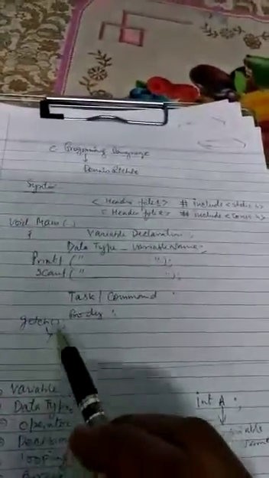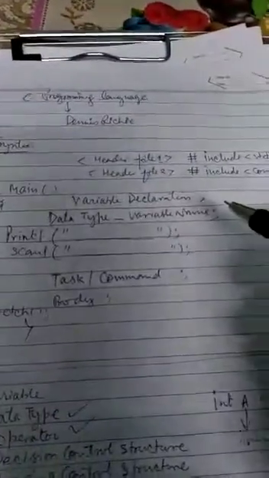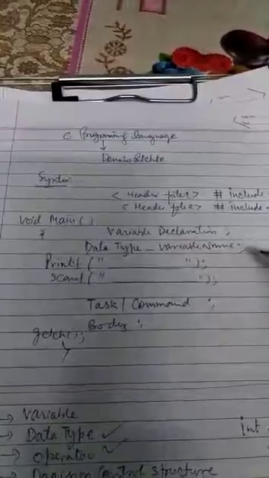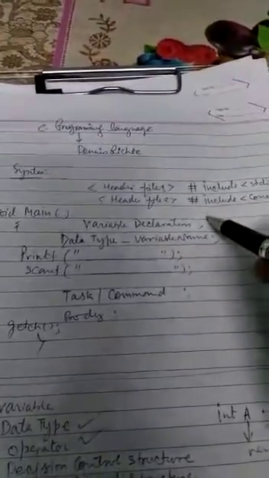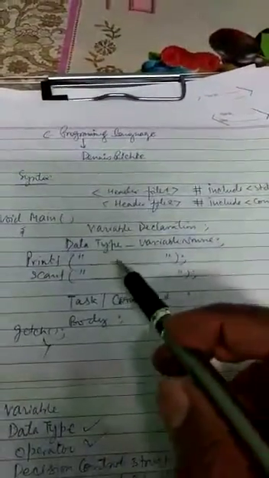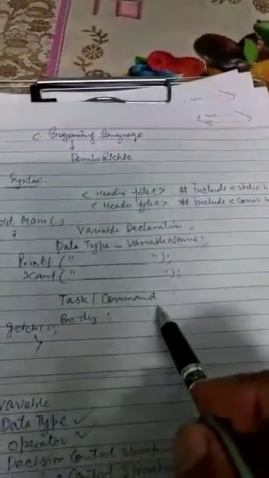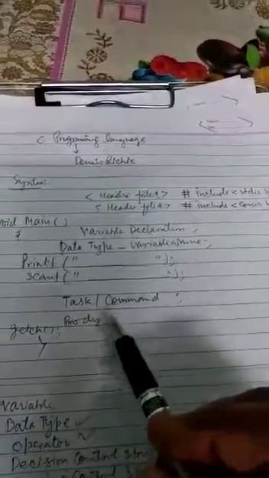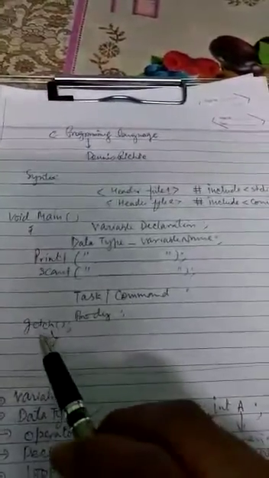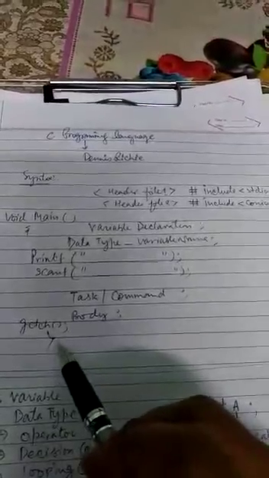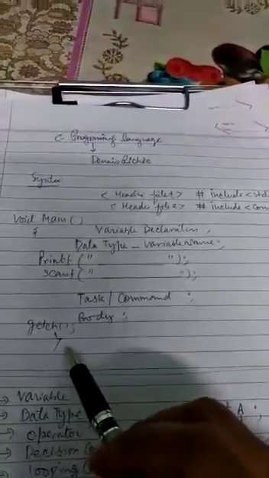This is the braces of the main function, and in the main function we declare the variables and write the printf, scanf, task commands or bodies, and then getch, and close the brackets.